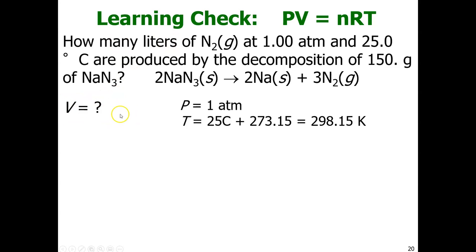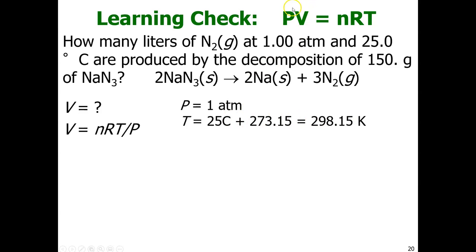We need to identify a volume, so I'm going to pull out the other information. The pressure is 1 atmosphere. The temperature is 25 degrees Celsius, which I need to convert to Kelvin, so it's 298.15 Kelvin.